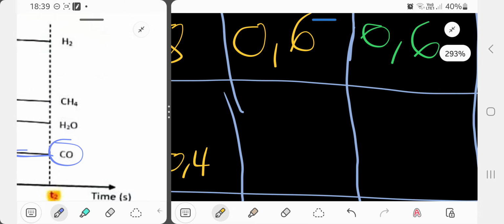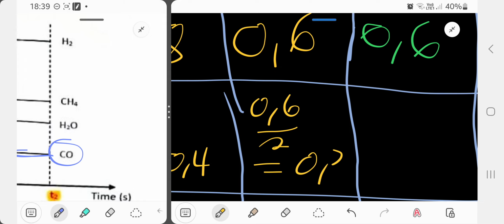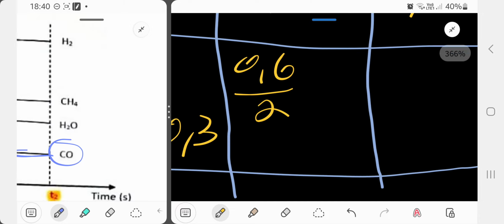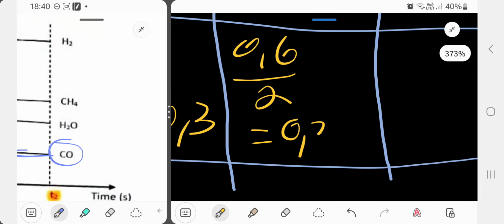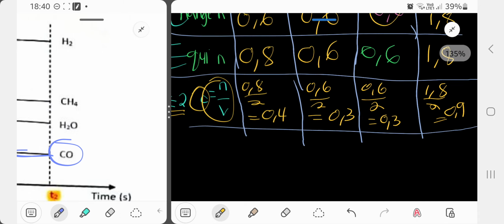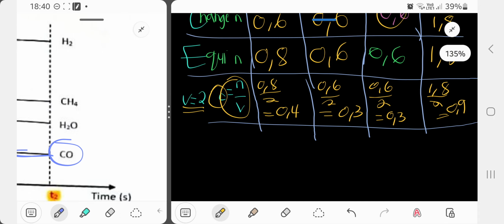And then here we're going to have 0.6 over 2, which is definitely 0.3, and then here 0.6 over 2, which is indeed 0.3. And then here we have 1.8 divided by 2. This is 0.9. So we have the concentrations at equilibrium.